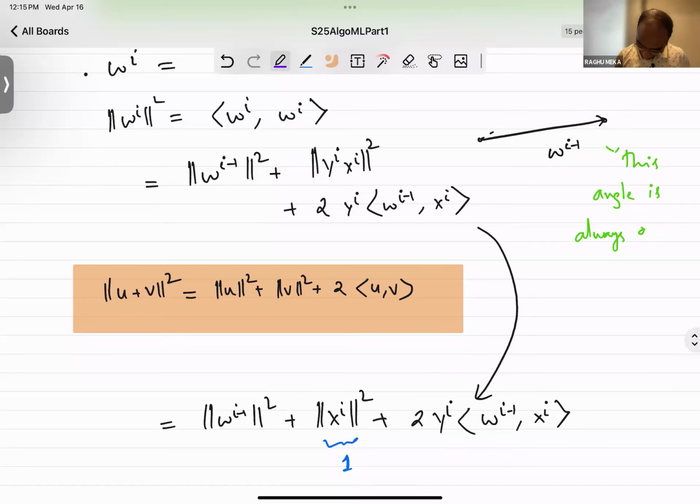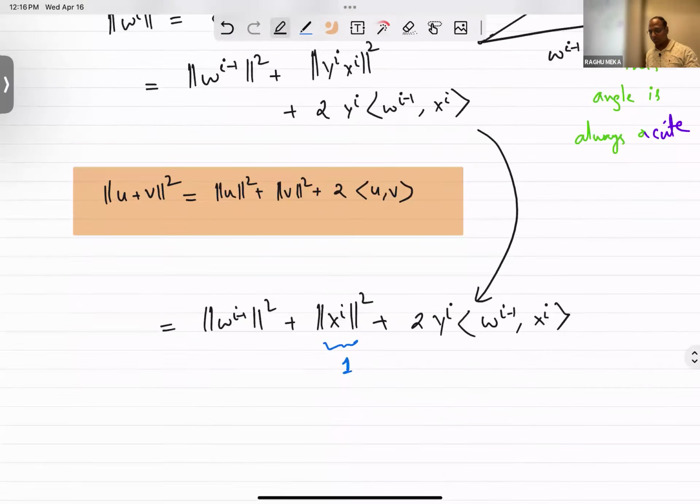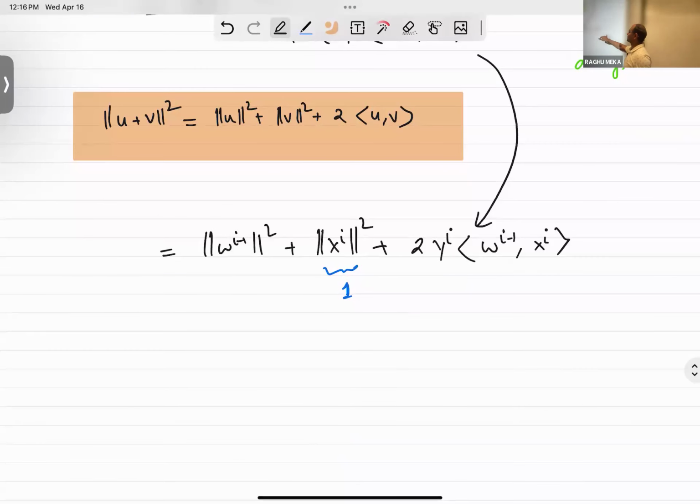This angle is always acute. Okay, so why is that? Right, but why is this always negative?